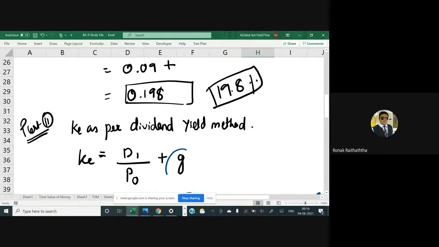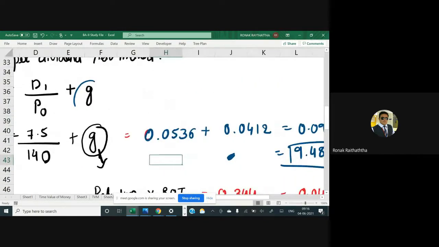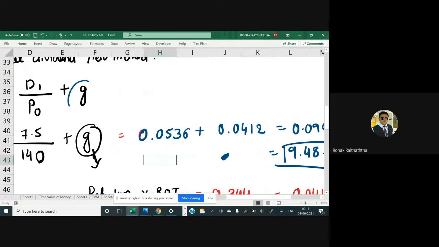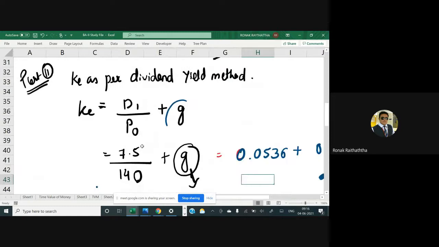And the company's expected rate of return comes to 9.48 as per the dividend yield. Now that difference is because the shareholders would probably be making a mistake in identifying the right growth rate to be expected from the company. Anyway, that's a different matter, but this is what we have got as cost of equity as per both the methods.